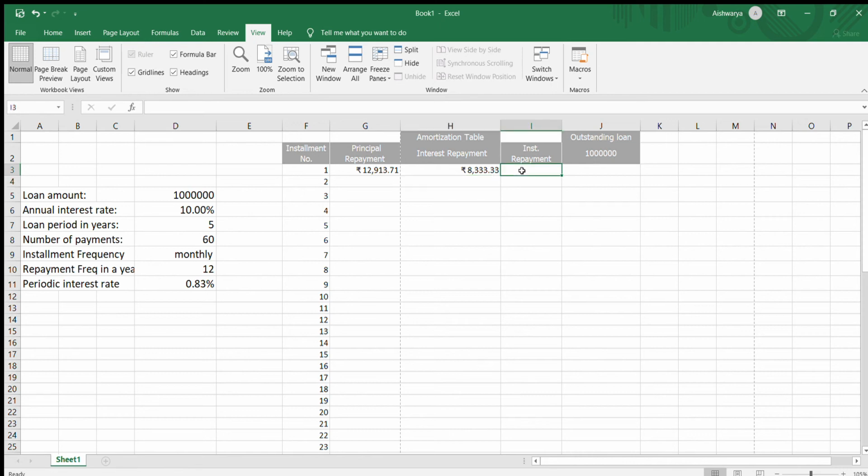Now we can find out the installment repayment. So the syntax is PMT. We can add the rate and freeze this column by adding the dollar sign. Number of payments, we can freeze.